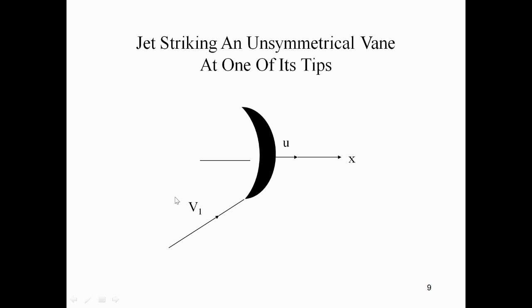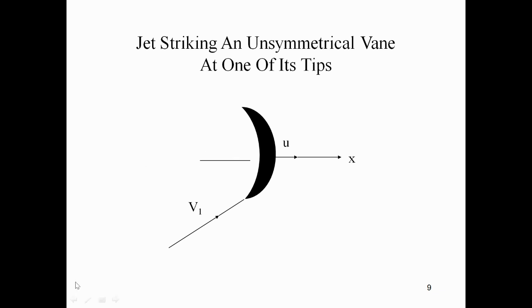We can see a diagram here. The jet flows in this direction to this vane, so this is an unsymmetrical vane, and at one tip of it the jet strikes.